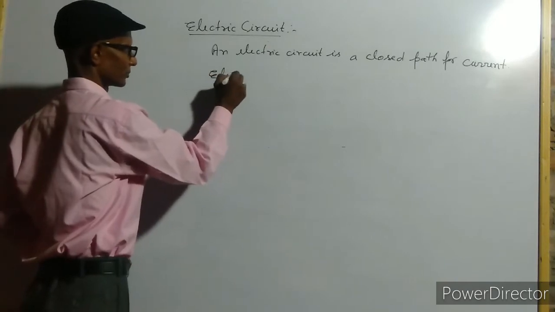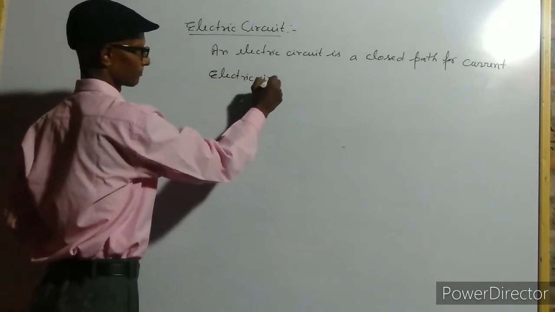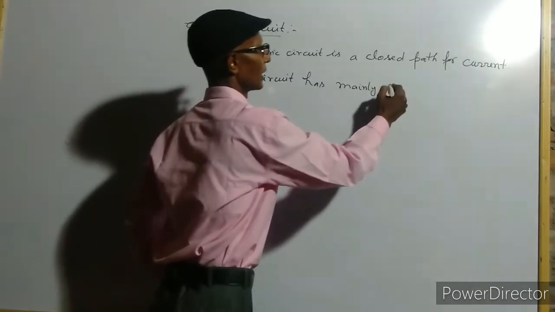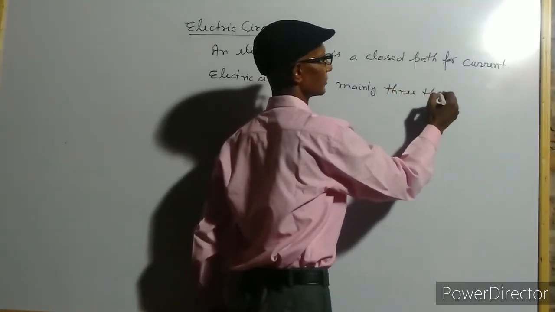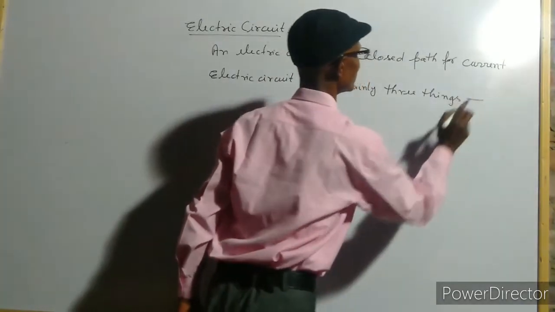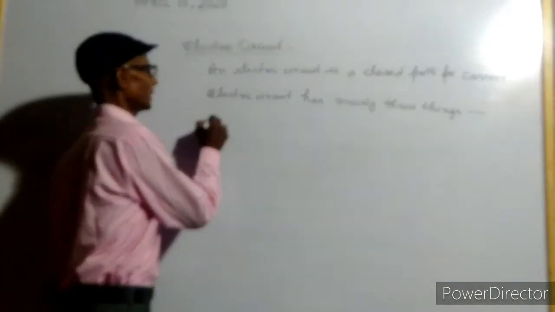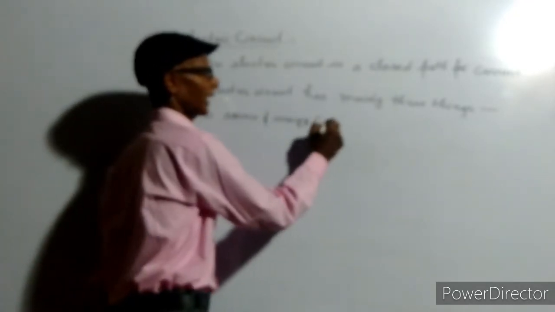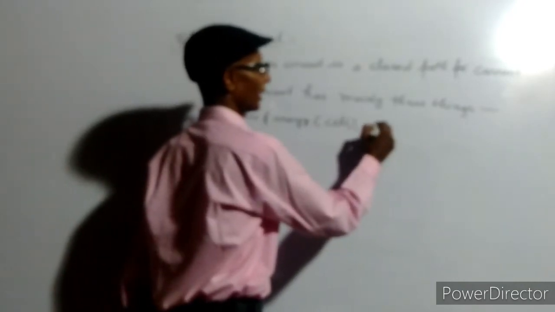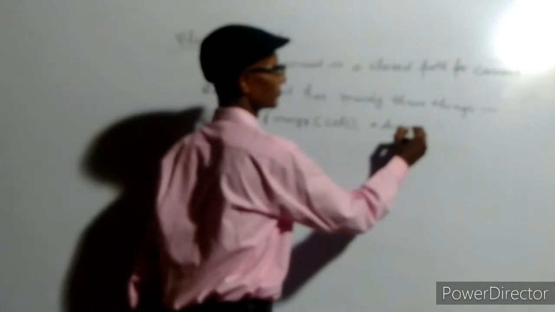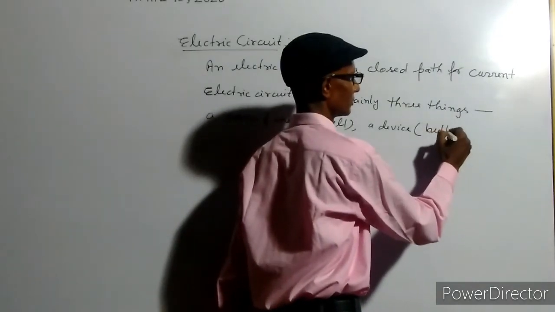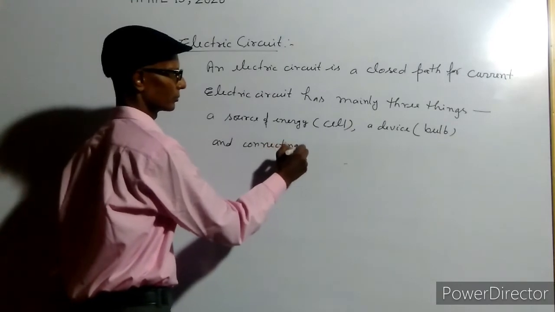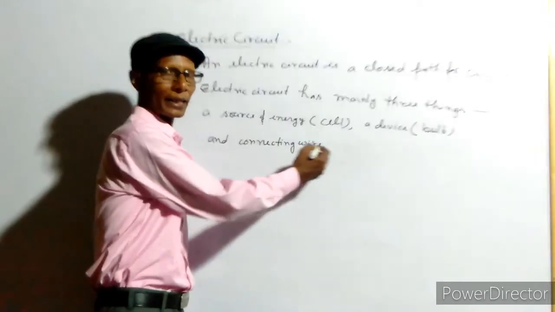Electric circuit has mainly three things: a source of energy such as cell, a device such as bulb, and a connecting wire.